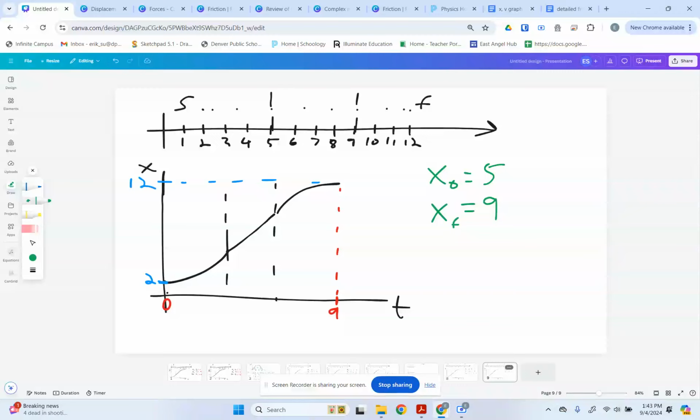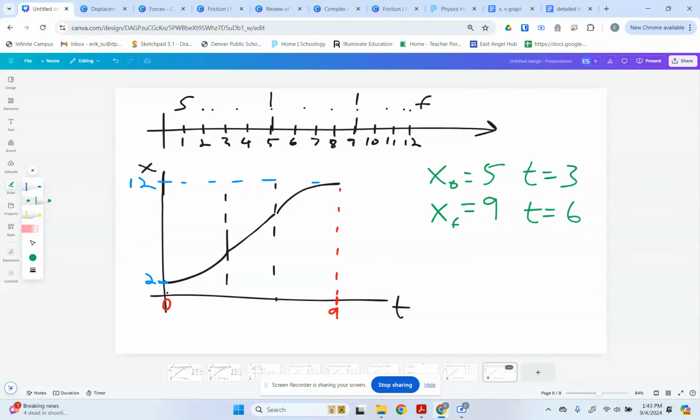Now, you need to also see those happen at very specific times. It's not 0 to 9 anymore, right? Because it was at position 5, like 0, 1, 2, 3 seconds into the motion. So that initial position is now associated with time equals 3, and that final position is now at 0, 1, 2, 3, 4, 5, 6.